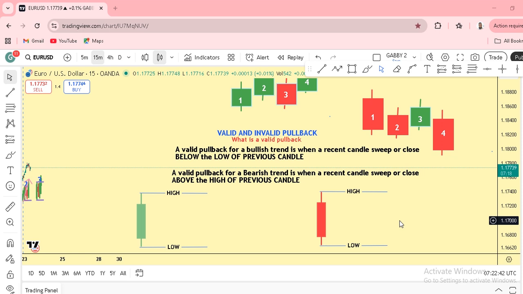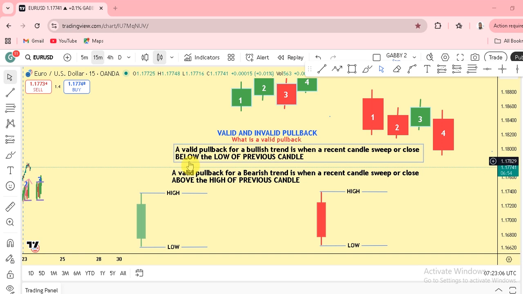By the end of this class you'll be able to identify a valid pullback, spot out an invalid pullback, and know what to look out for. So follow me while I take you through the theory aspect where we define a valid pullback and an invalid pullback, and then I take you into the chart where we have it demonstrated.